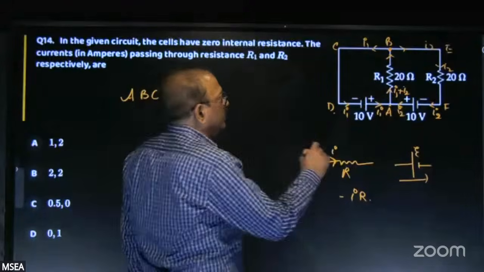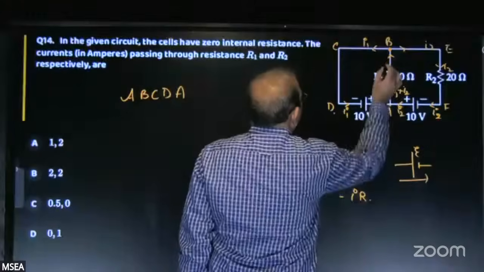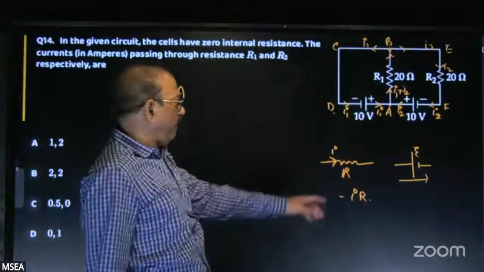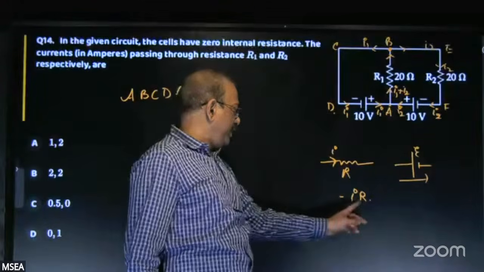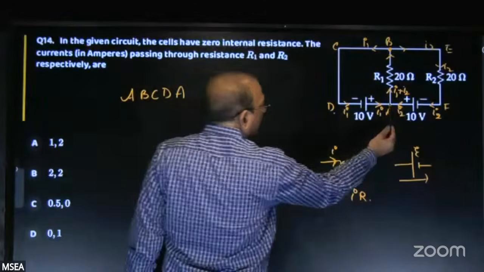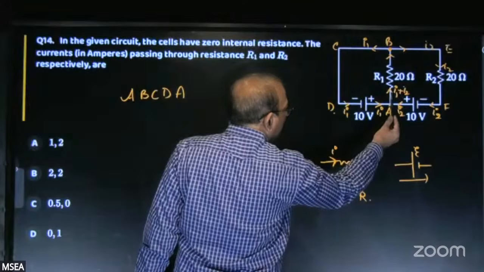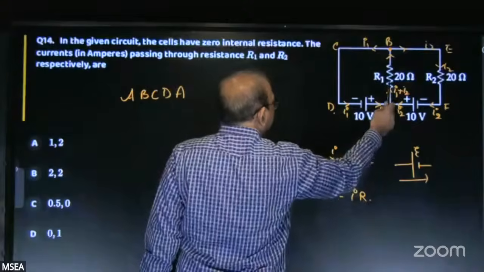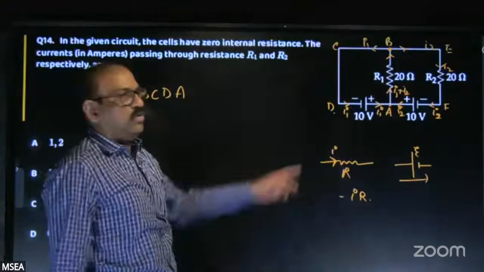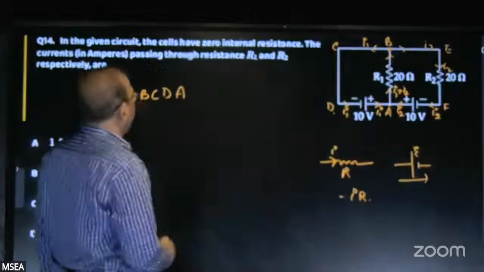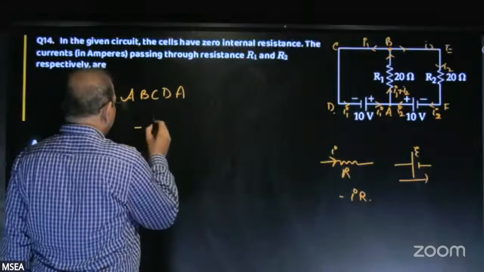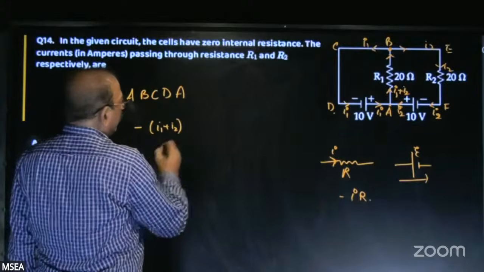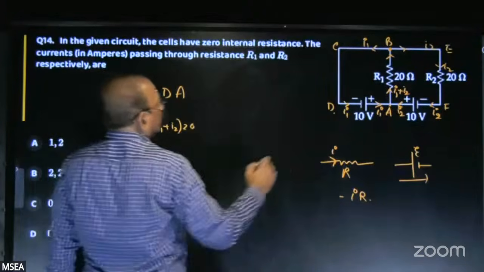That means there is potential drop between A and B. That potential difference is I into R. And we are going in the same direction as this current, no? A to B we are going, means in the same direction of current. So with negative sign you have to write it. So minus (I1 plus I2) into 20.